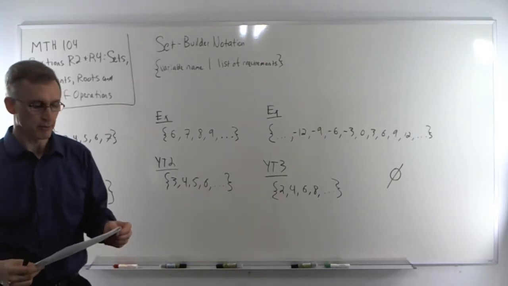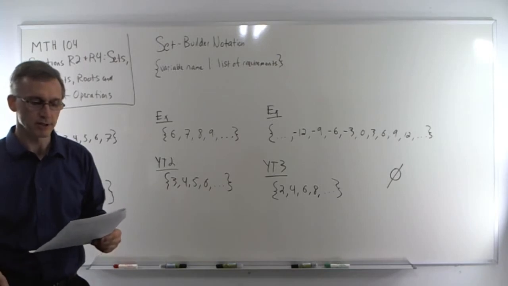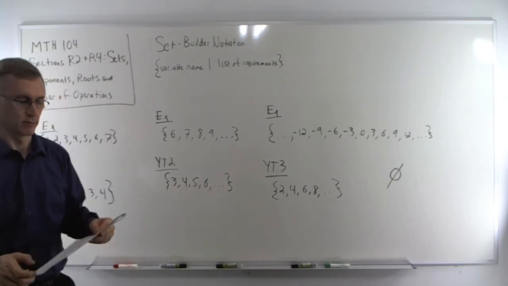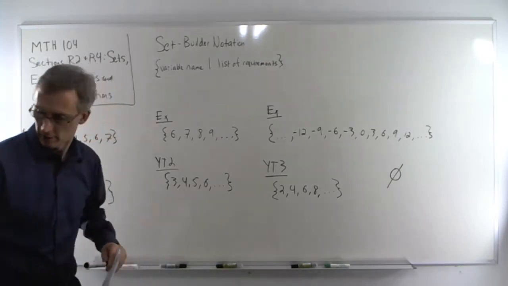So, next example, we're using set builder notation to write a description of the set 3, 6, 9, 12, and 15.